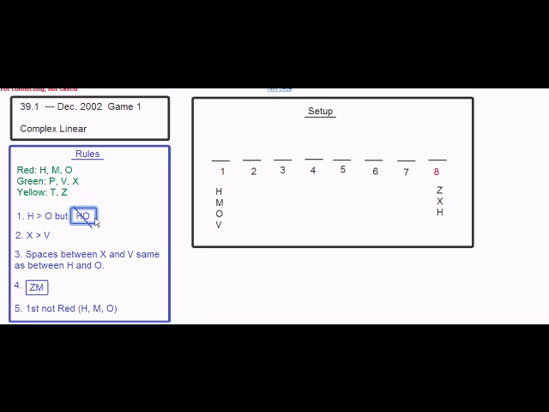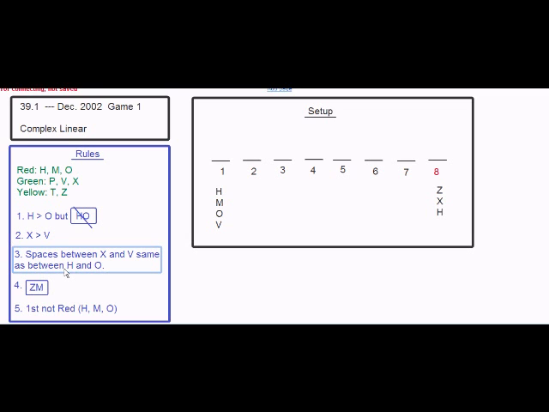Okay, the next rule says that X comes before V. So that's simple enough, and we just write that down. But then when we get to the next rule, we realize that they really want us to apply the same information that they gave us about H and O to X and V. In fact, they want us to make sure that X and V have exactly the same number of spaces between them that H and O have between them.